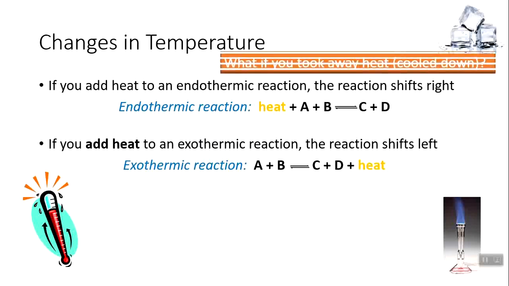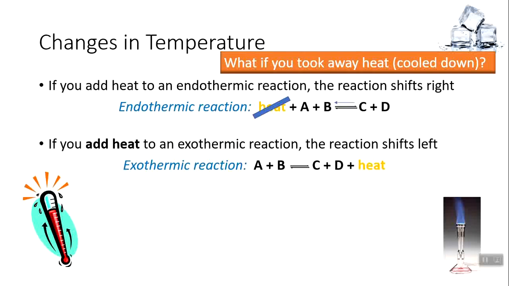Now, what if we were to take away the heat, meaning we were to cool it down? For an endothermic reaction, if we take away the heat, remember, this is the missing piece. Le Chatelier says it's going to do whatever it can to fill up that hole. And so for this, equilibrium will shift left.